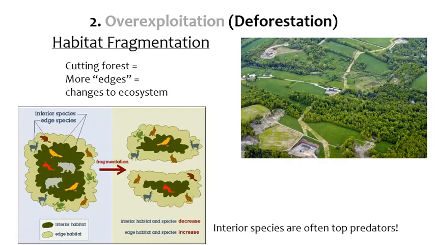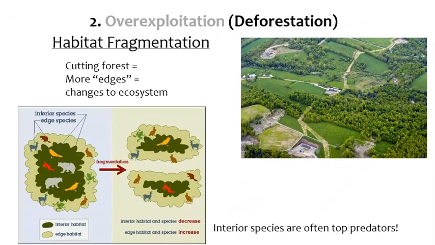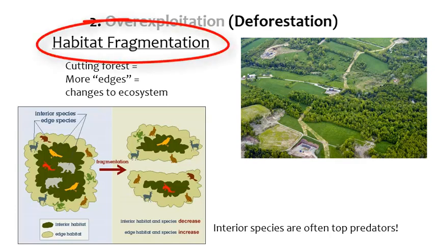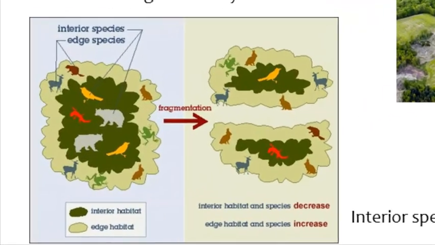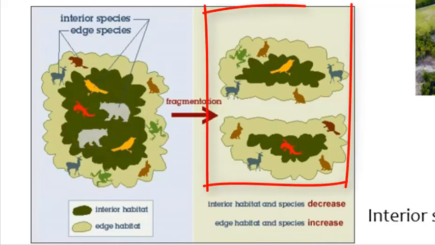When parts of a forest are cut, it divides the remaining forest into smaller pieces. The habitat becomes fragmented. Different species need different types or amounts of habitat. Certain species survive well on the edge of a forest, and certain species need the interior. When we fragment a forest, we create more edges and less interior.